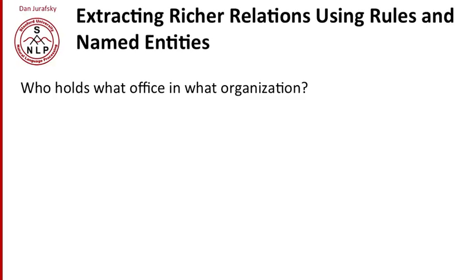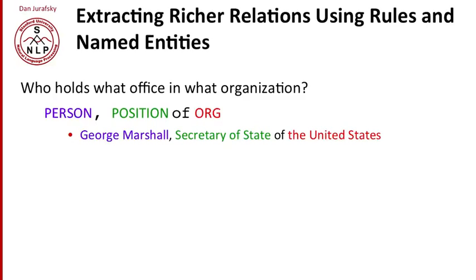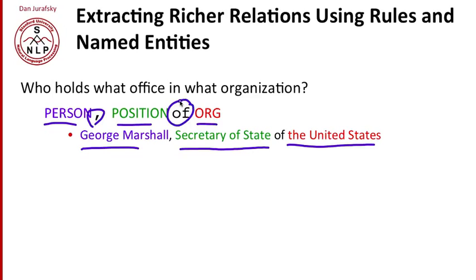So we'd like to extract from a sentence like George Marshall, Secretary of State of the United States, that a person, George Marshall, had the office of Secretary of State in an organization, the United States government. And so we have an entity person, an entity position, and an entity organization. And here's a pattern, person, comma, position of organization, that might extract from a sentence like this the position-of relation between a person and an organization.